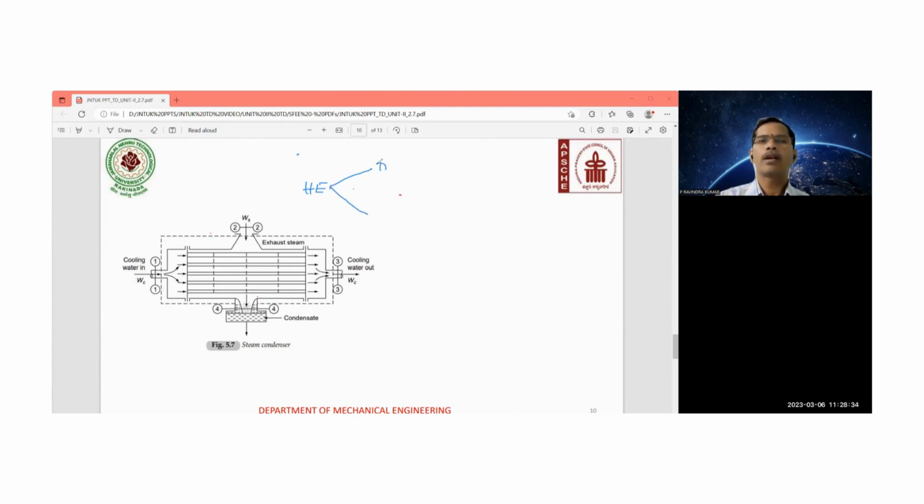One is the direct contact heat exchanger, that means directly mixing the hot fluid and cold fluid. Whereas there is another heat exchanger, that is the indirect contact heat exchanger.